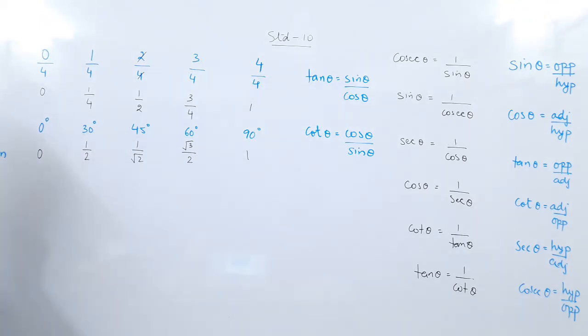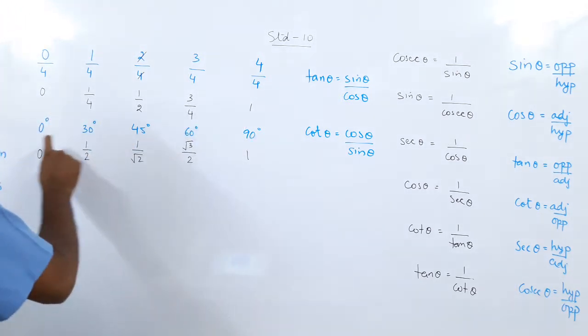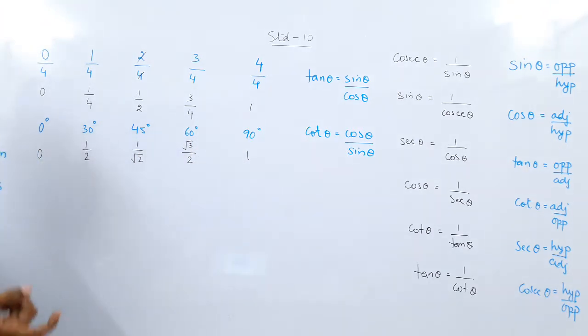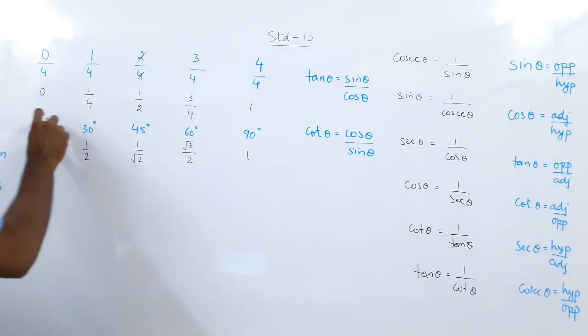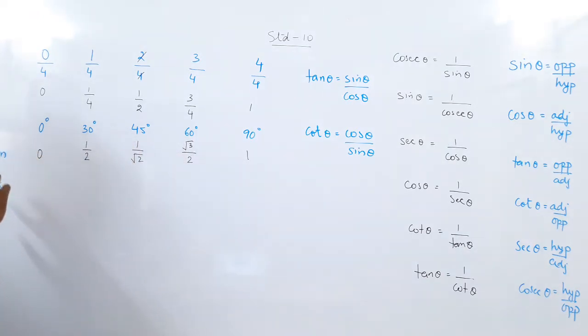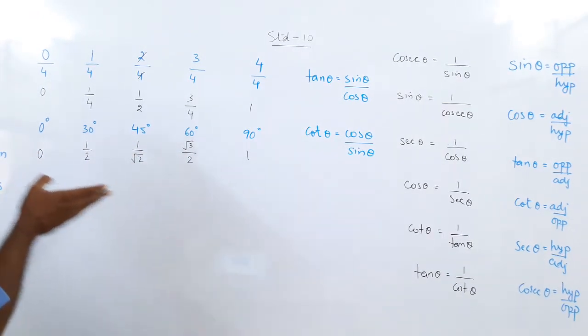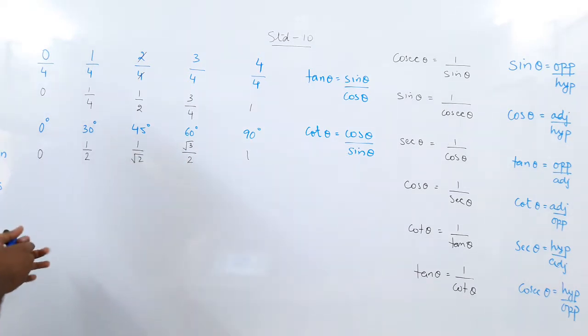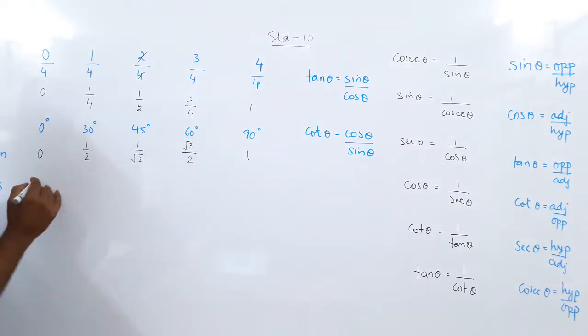Once you are done with sine, you can go for cos. Now we saw that when the angle increases, sine is increasing. But in the cos, the opposite happens. When the angle is increasing, the value will decrease. So sine and cos are opposite, right? If one is increasing, one is decreasing. So cos we will write in reverse. So 1 comes here.